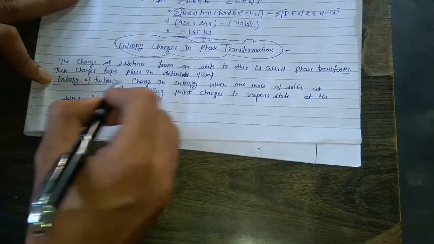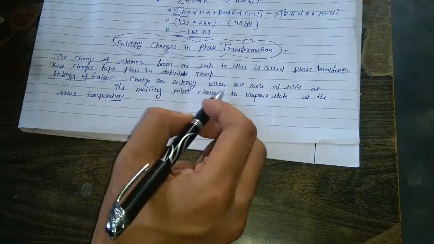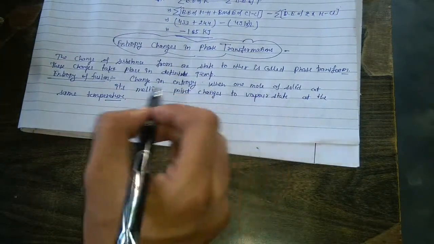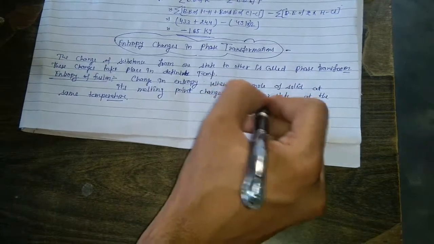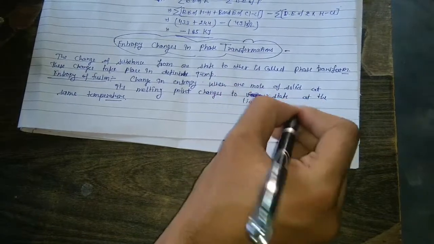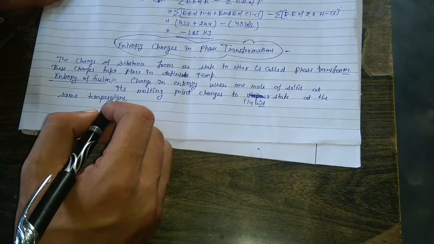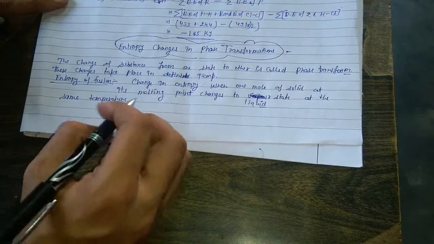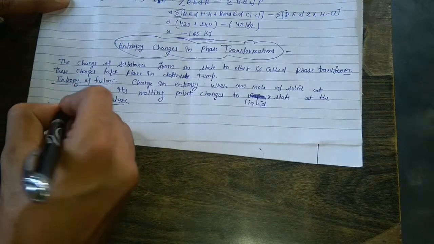So entropy of fusion is defined as the change in the entropy when 1 mole of a solid at its melting point changes into liquid state at the same temperature. Okay, I made some mistakes earlier.